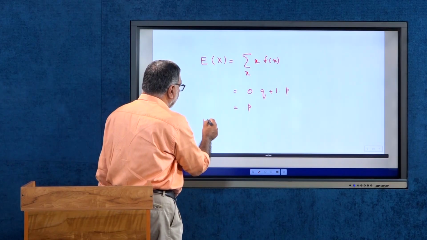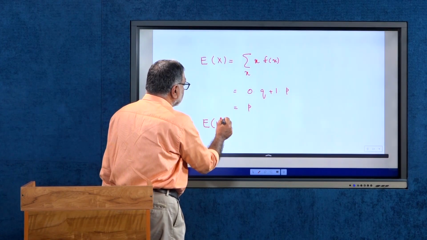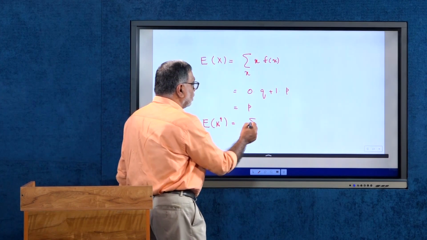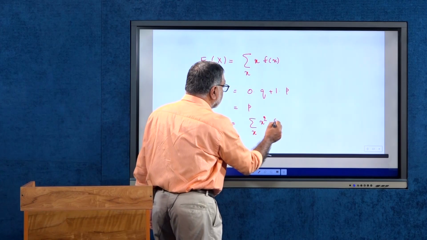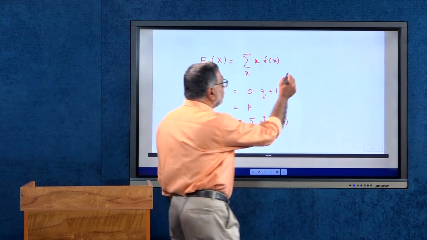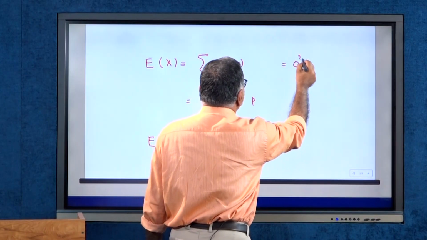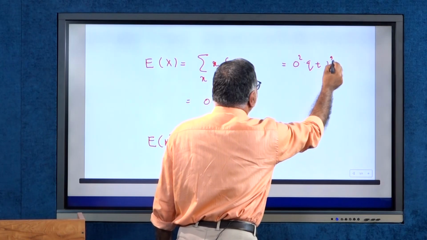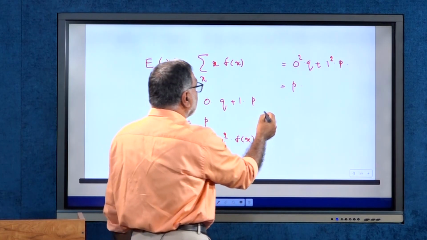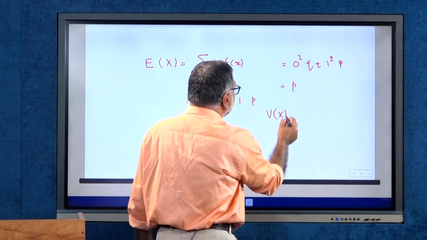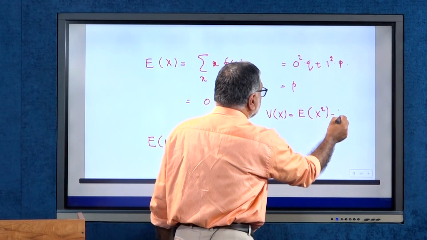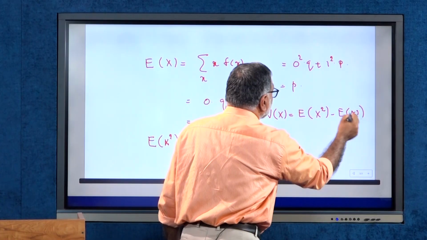Similarly, suppose you are finding the expectation of x square. By definition of the mathematical expectation of a function of a random variable, it is the sum of x square into f(x). That value is 0 square into q plus 1 square into p, so that is again p. From this we can find the variance of x. By definition, variance is expectation of x square minus expectation of x the whole square.